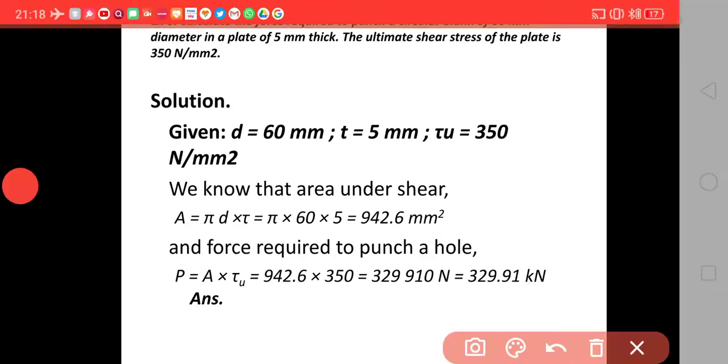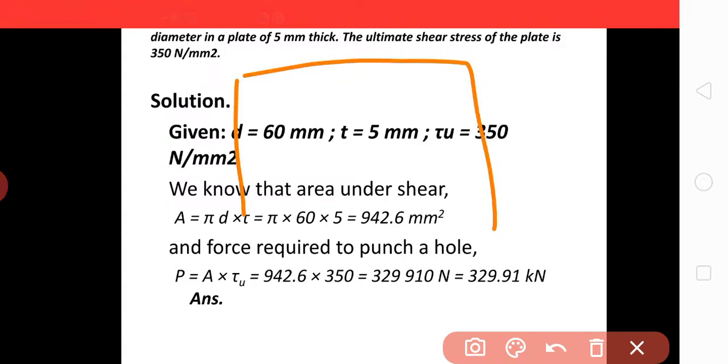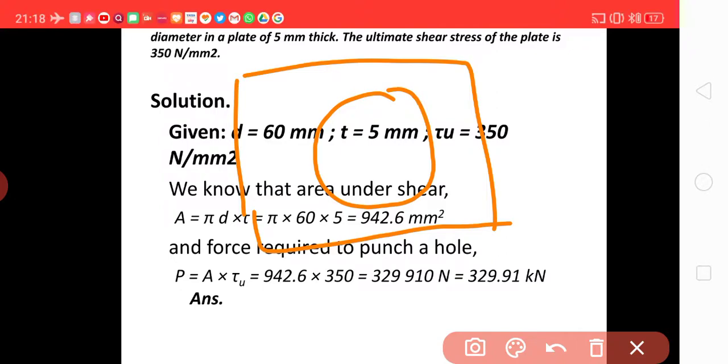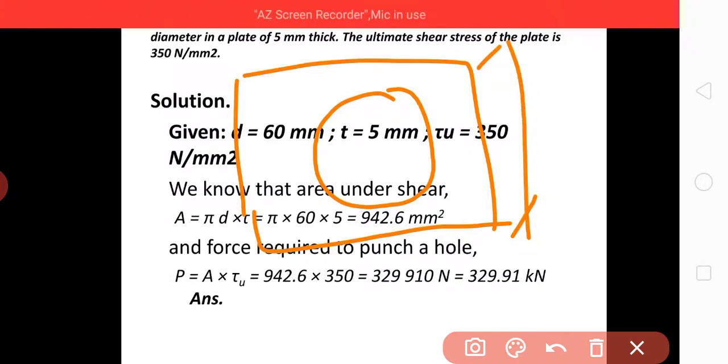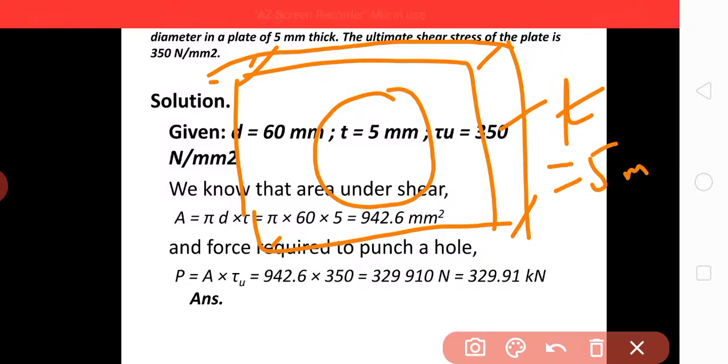Here, consider that this is a sheet from which this blank is to be removed, whose thickness t is equal to 5 mm, and the diameter is 60 mm.